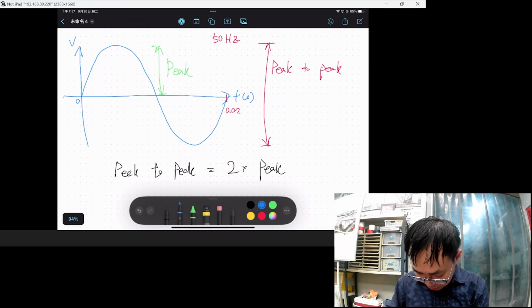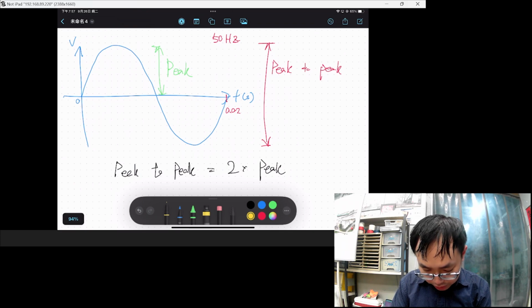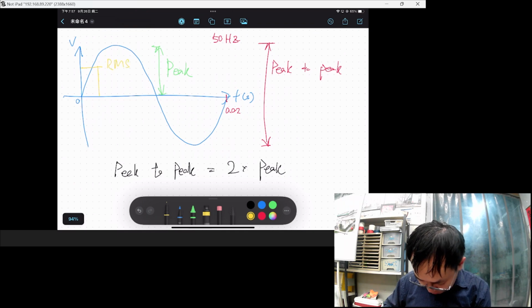How about, let me use another color, orange. So what is RMS and average? This is RMS and this is average.